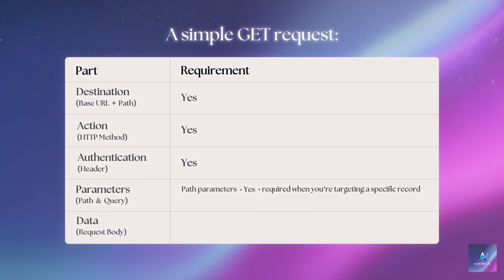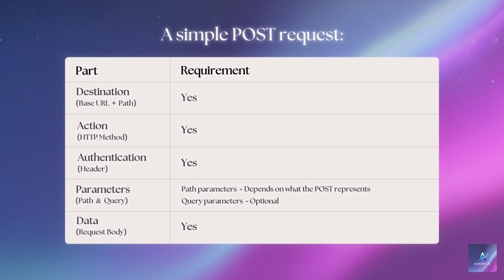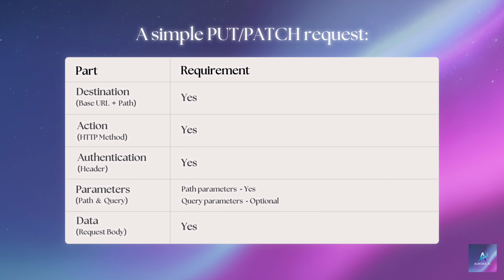Path parameters are required when you're targeting a specific record. Query parameters, yes, or optional. Query parameters are used for filtering or narrowing results. Data, no, not required. But for a POST request, where you're creating something new, data becomes mandatory. And for PUT or PATCH requests, where you're updating existing records, data is also required.